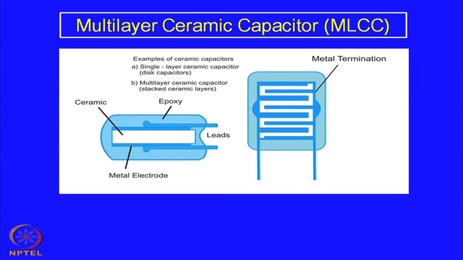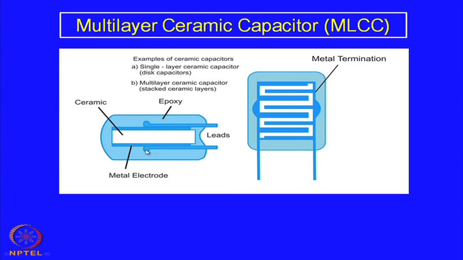These electrodes are basically painted by a thick film technology. Metal pastes are available, and that can be painted on the surfaces, and that will make a few micron thick conductor, and that is again soldered between the two leads.